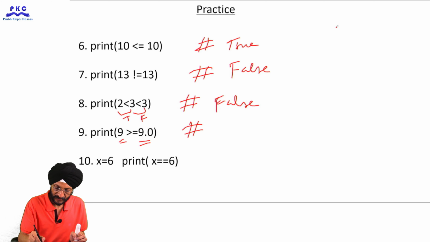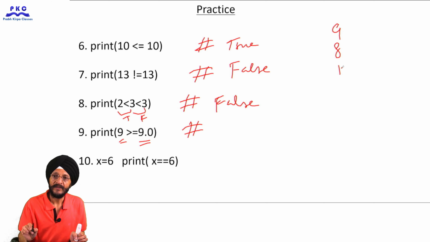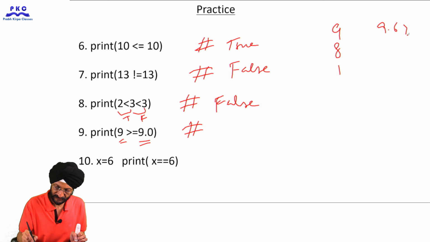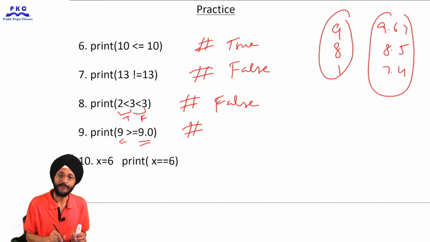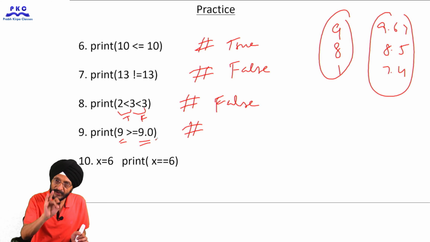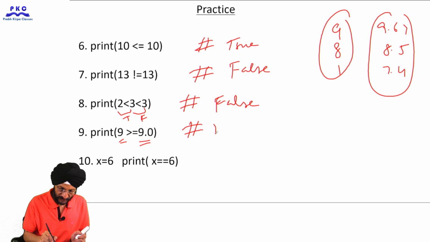If we write 9 or 8, it is an integer, but 9.6, 7.5, 7.4 are floating numbers. However, the Python interpreter will interpret it as true.